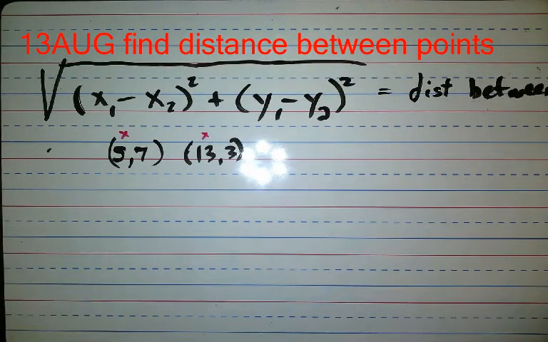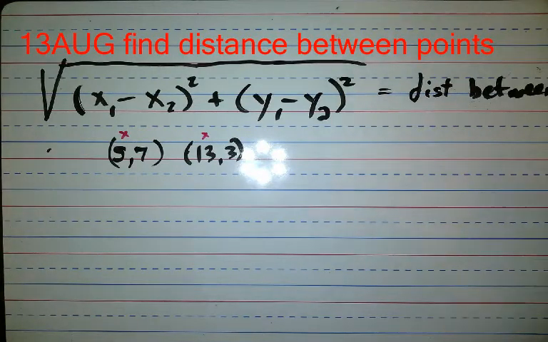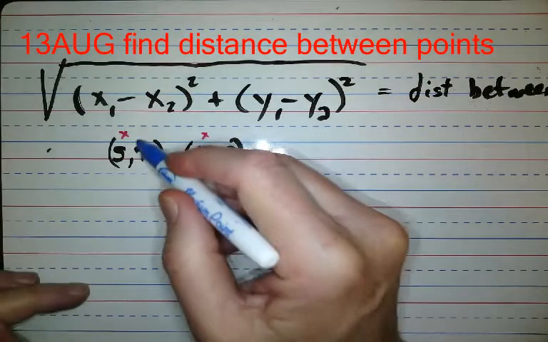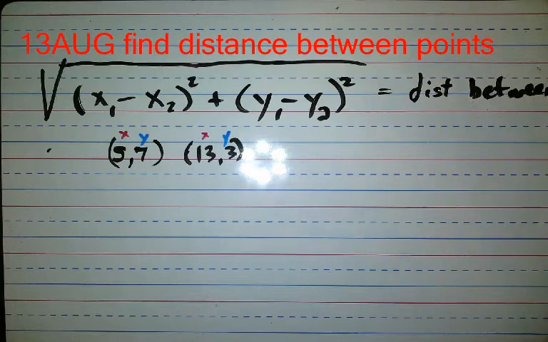So I need to subtract those, and then take the y numbers and subtract those, and then we'll square them and all that good stuff, right? Okay, so these are the y numbers as well. Let's write that down. There we go.